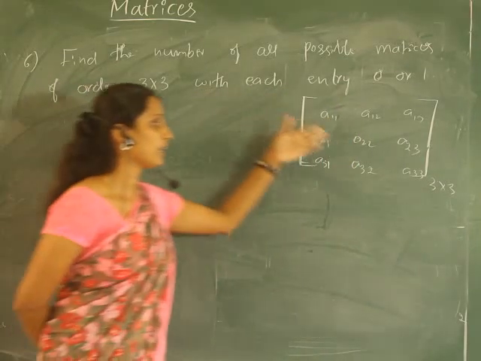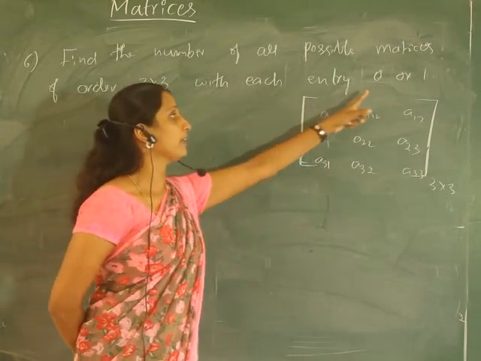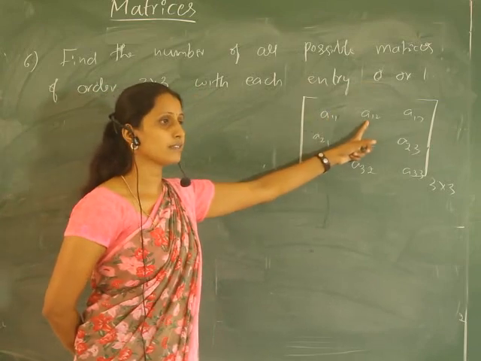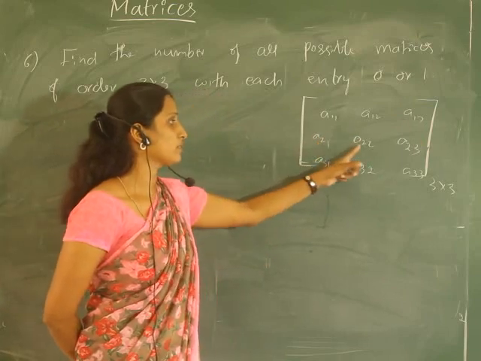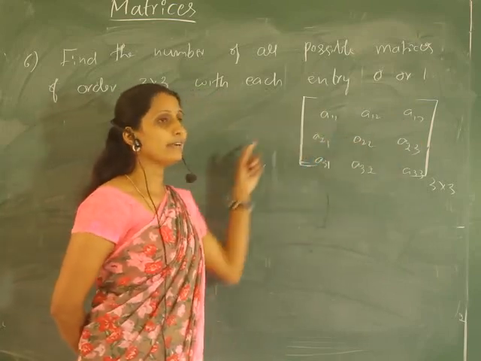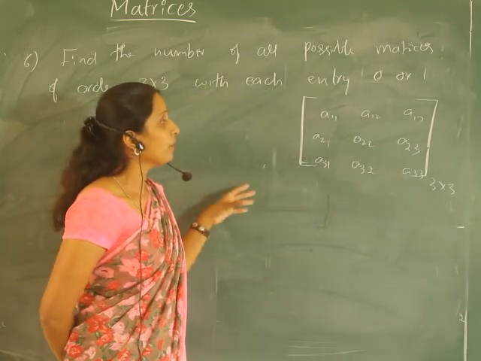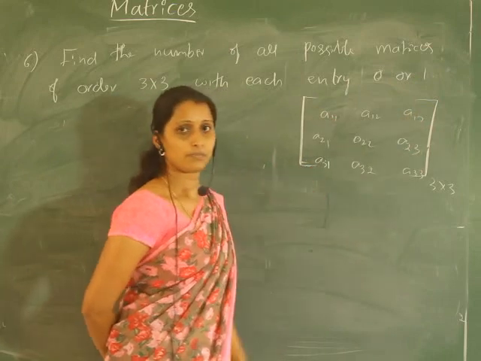There are 9 entries, and each entry can take the value 0 or 1. So all these entries can take the value 0 or 1, and that is how we arrange 0 and 1 in these 9 places.